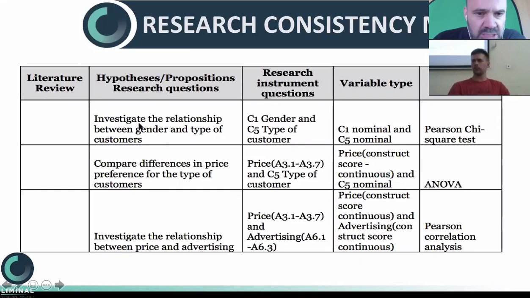Say, for instance, you want to investigate the relationship between gender and type of customer. This is a very simple example. Then in the research instrument, in your questionnaire, gender is asked by question C1 and type of customer by question C5.